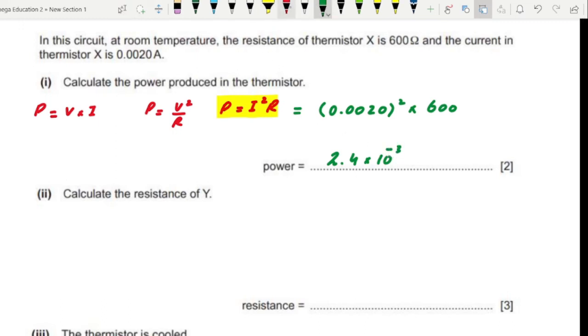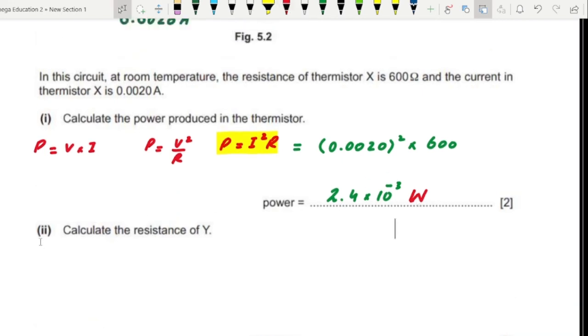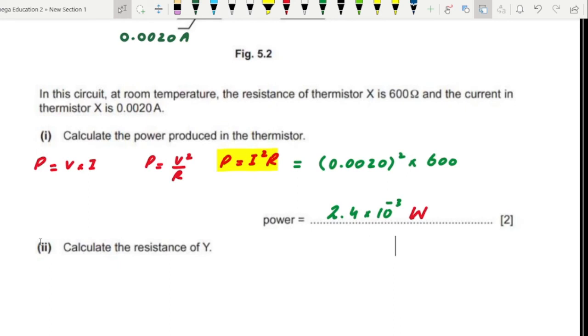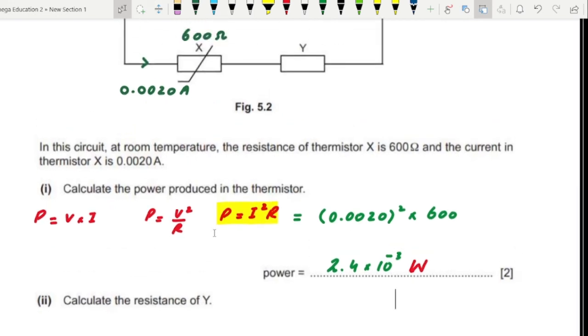The unit of electrical power, or any kind of power, is watts or joule per second, but we write watts. So this is the power produced in the thermistor. We could have used all the formulas, but for the others we need some indirect calculation. First we needed to calculate the voltage.